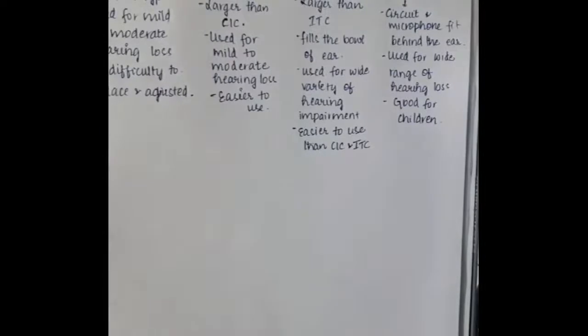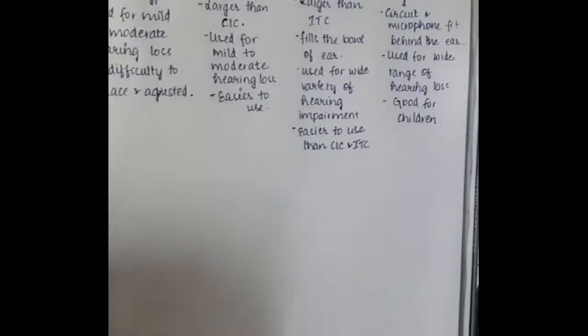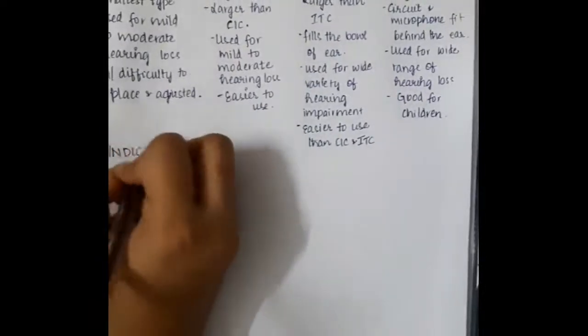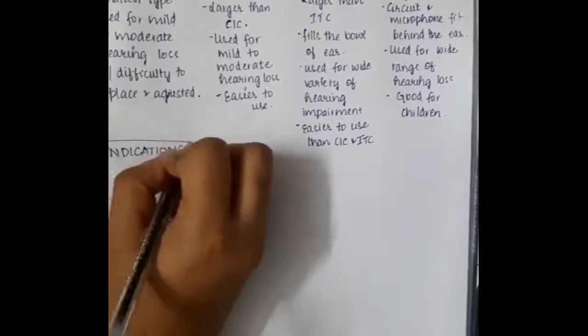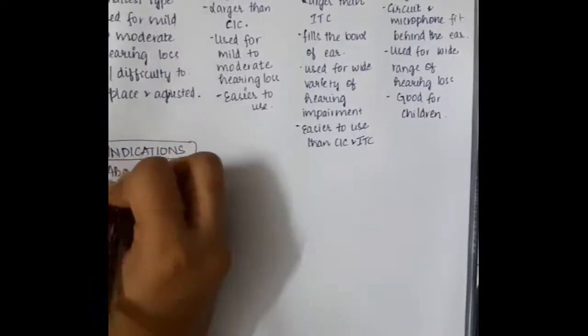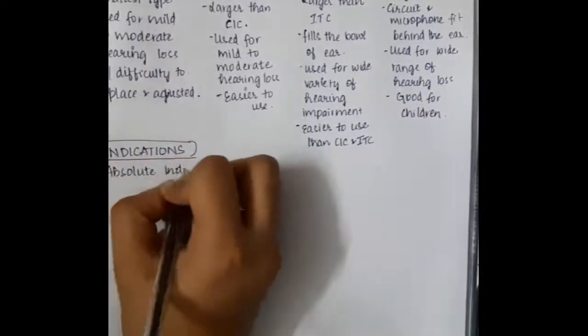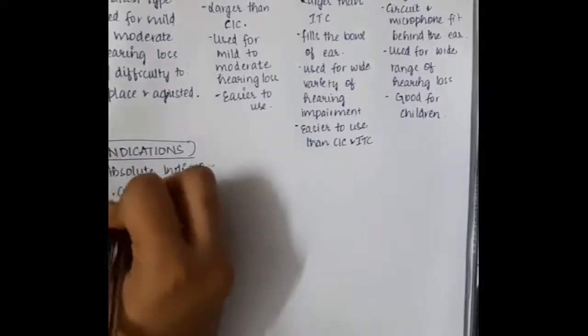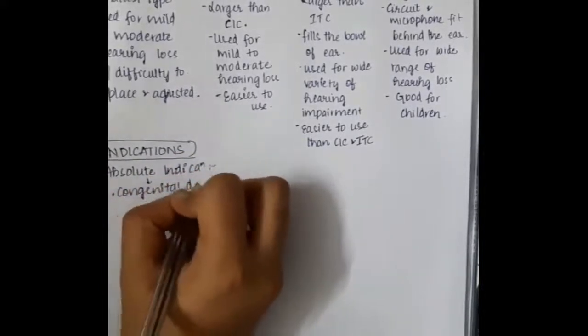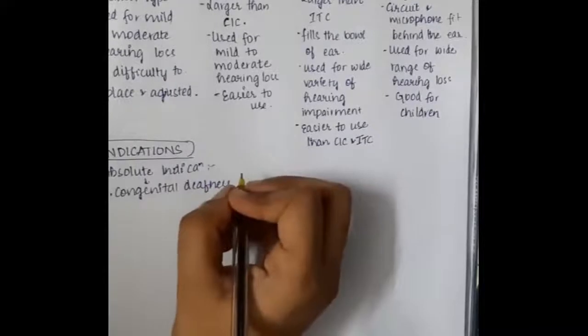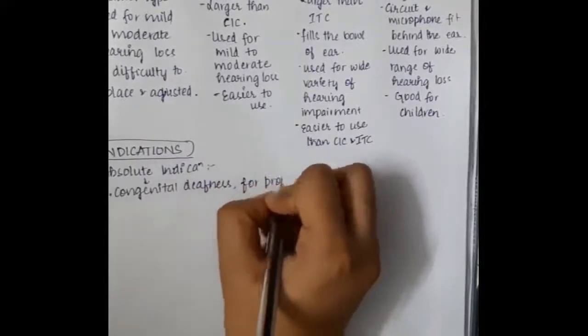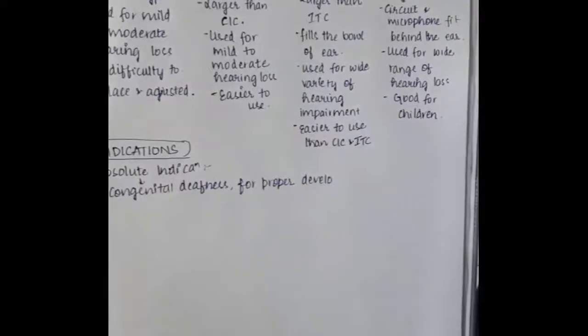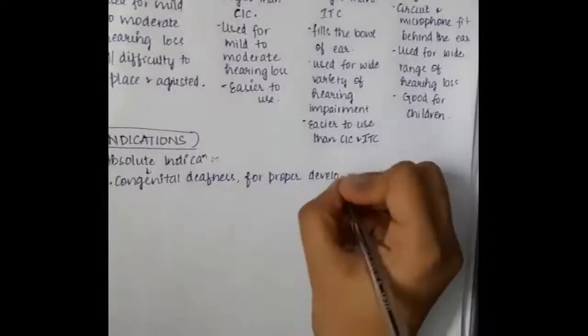If you see the indications of hearing aid, indications are important. We have absolute indications. These are mainly congenital deafness, for proper development of speech and language.